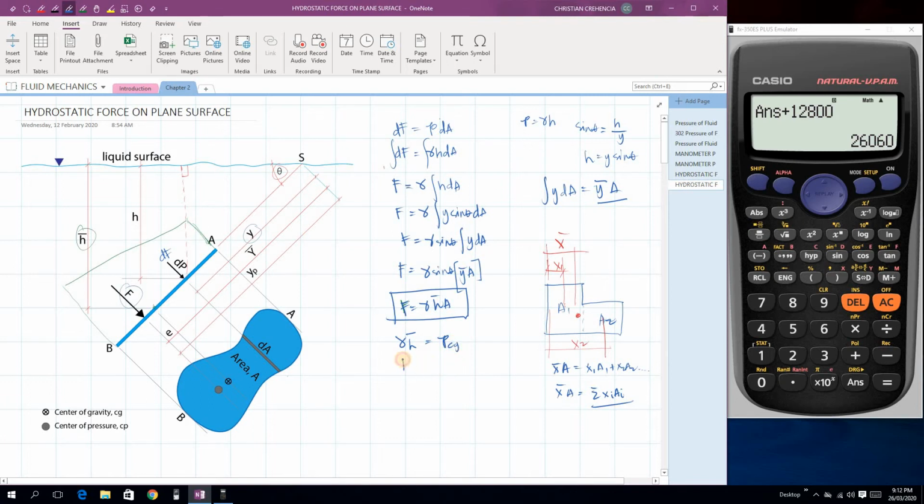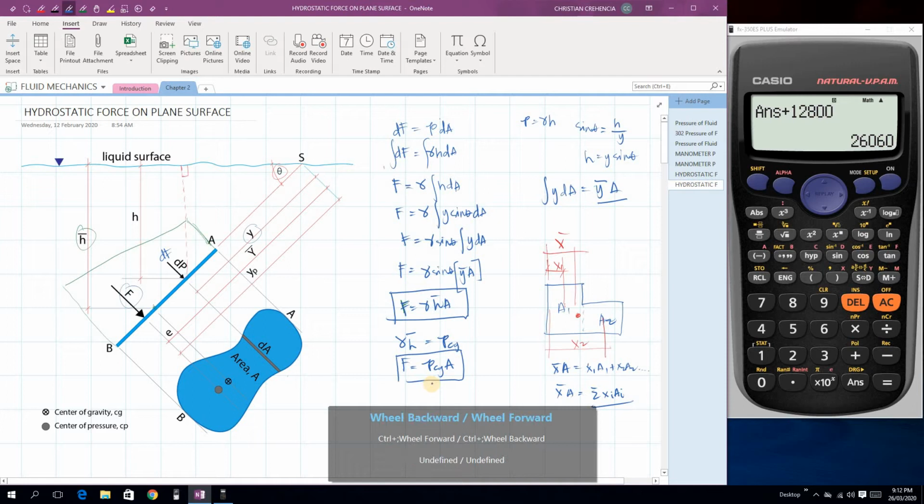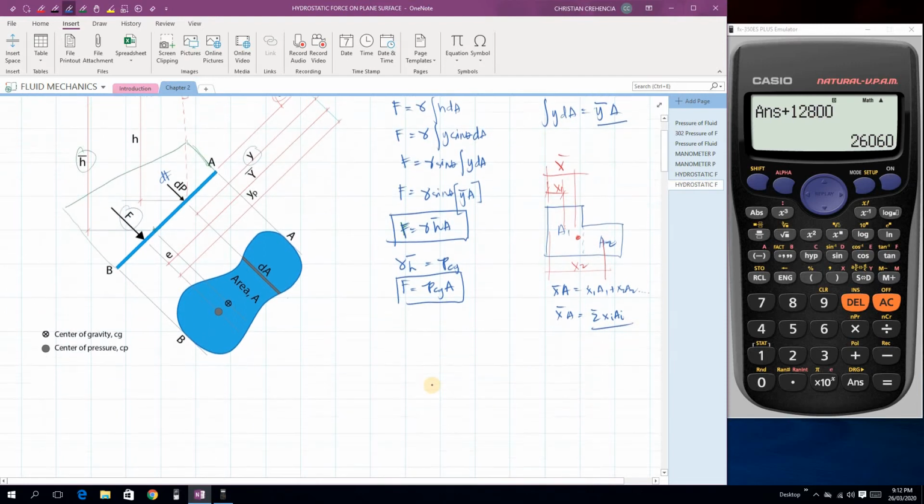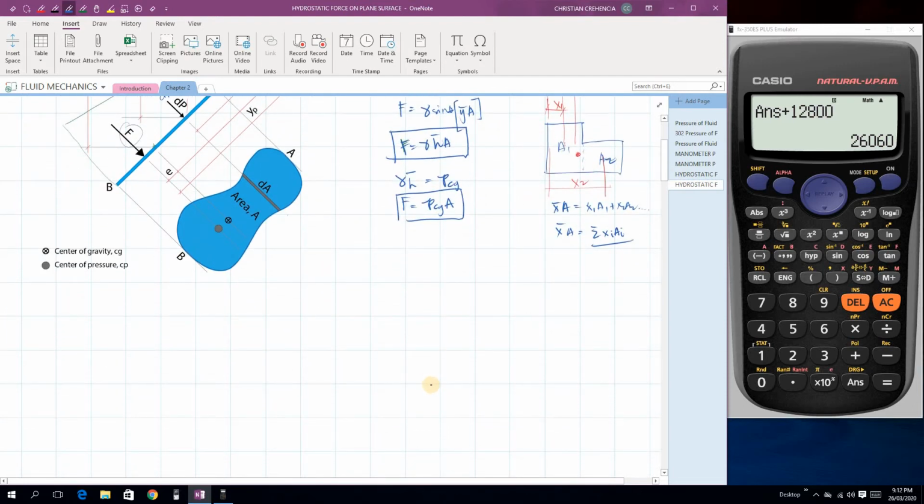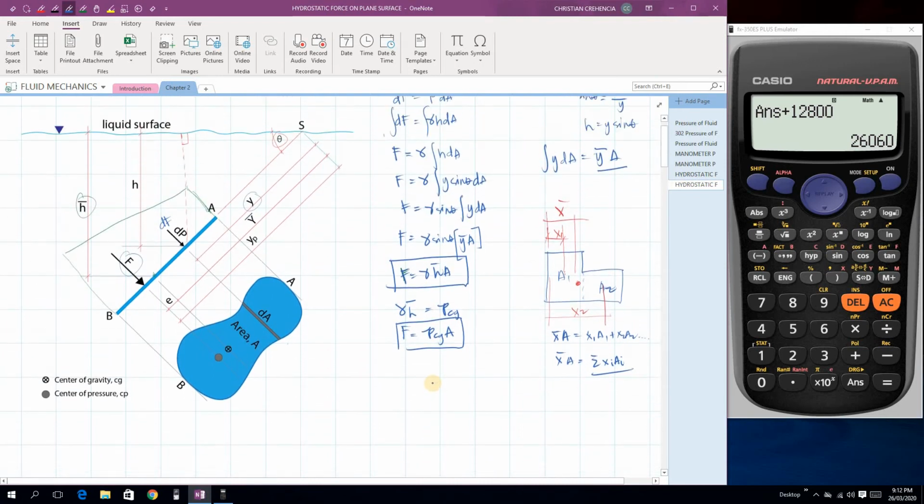Okay, so sabihin yung force F pala is kung ano yung pressure sa center of gravity or center of area, centroid, multiply mo lang ng area, then that is your force F. Okay, so paano naman yung location ng ating force F? Okay. So pwede tayong mag-moment of area. So from liquid surface pa rin.